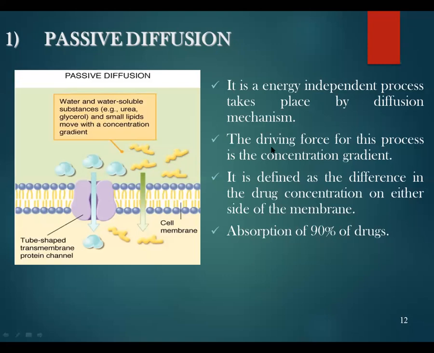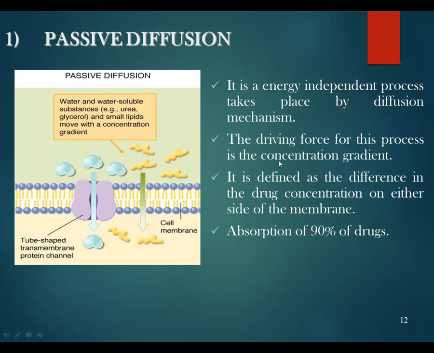So what is the force which is driving the molecule? In this diagram, there is the cytoplasm sitting here, that is inside the cell. The other one is the GI lumen. The tablet is disintegrated, the drug has undergone dissolution. Now the drug is released inside the lumen. It will start moving into the epithelial cell of the GI tract. For that to happen, the driving force is the concentration gradient.